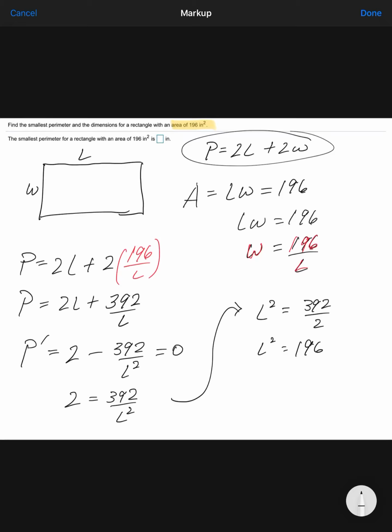When we take the square root of 196, we get L is equal to 14. So the length is equal to 14 inches. And the width, you'll just plug it back in.